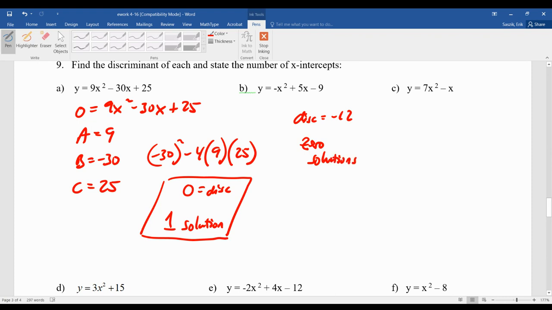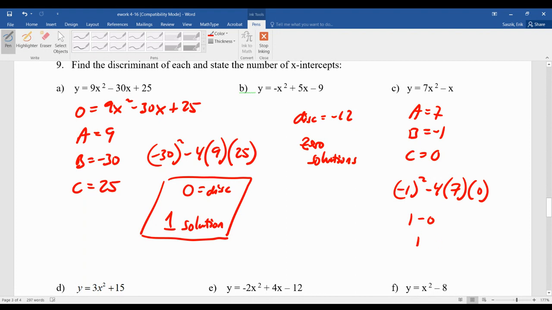Now this one here I'll do, just because it looks a little bit different. Remember, just picture this as a 0. A is 7, B is negative 1. What's C? C is out here. C must be, yeah, it must be 0. So B squared minus 4 times A times C gives you 1 minus 0, which is just 1.